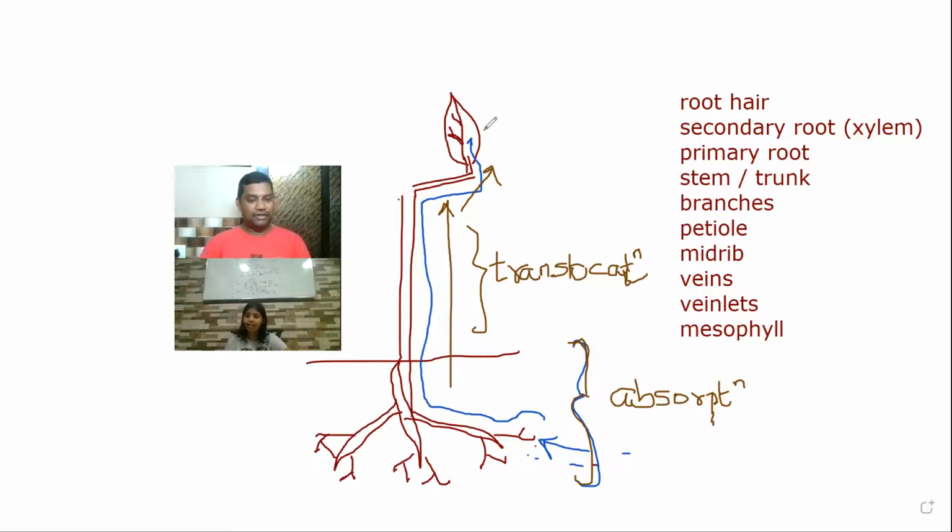A large portion of the water is lost from the leaves, evaporated. Leaves के surface में से बहुत सारा पानी directly evaporate हो जाते हैं. Approximately 10% of the water is just used by the plant. 90% के आसपास जो है वो evaporate हो जाते हैं. So that evaporative loss from the leaves, उसको बोलते हैं transpiration.